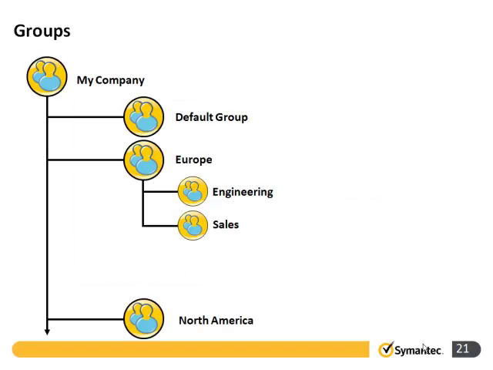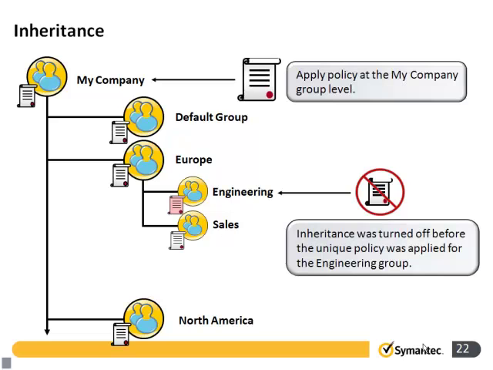Here we can see the group structure with my company at the top and the default group below. And we've created a Europe and North America group with some subgroups underneath Europe. We can now see with the policy icon of the scroll the inheritance that has been set up for this particular structure.